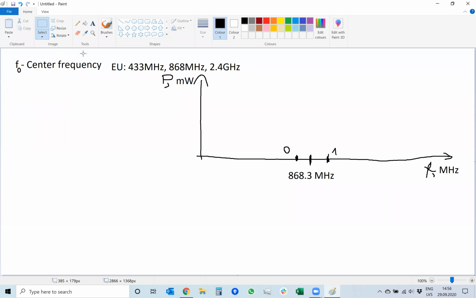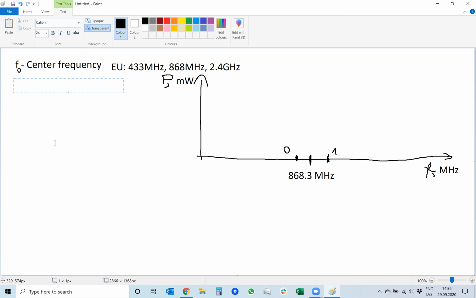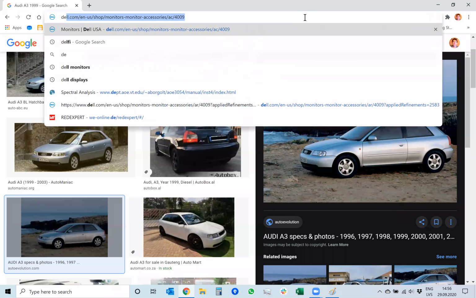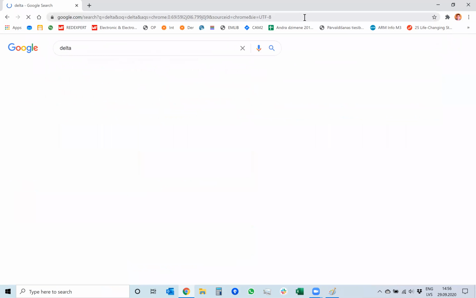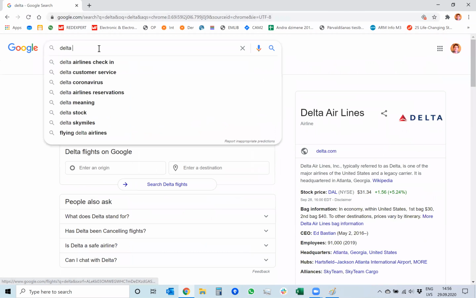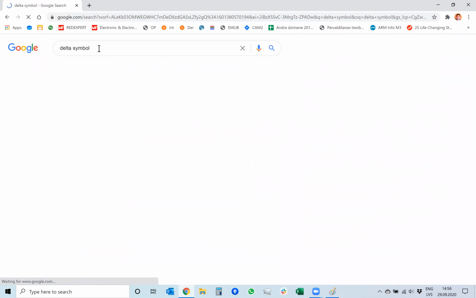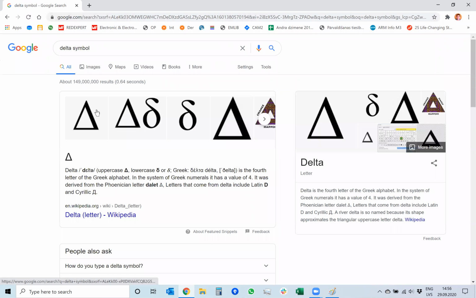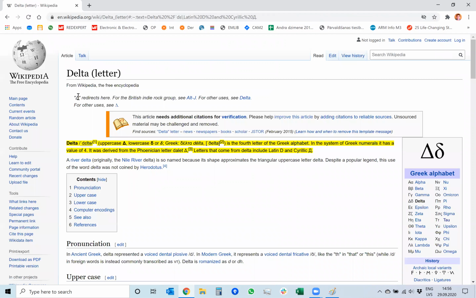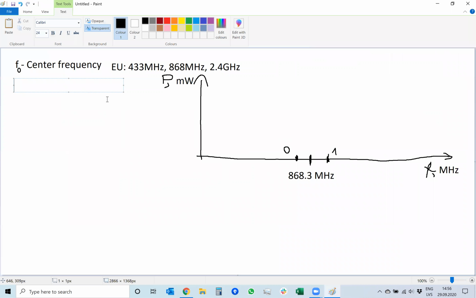So we will now introduce 2 new things. One will be called delta F, which is the deviation. I will copy the delta symbol from the internet right here. Delta F, deviation.